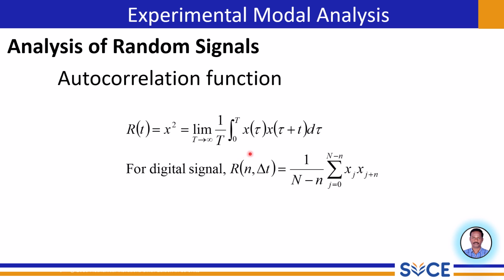The shape and decay of the autocorrelation function can give us insights into the nature of randomness in the signal. For example, a rapidly decaying autocorrelation function indicates a signal that changes quickly and has little correlation with its past values, while a slowly decaying function suggests a signal with longer term dependencies.